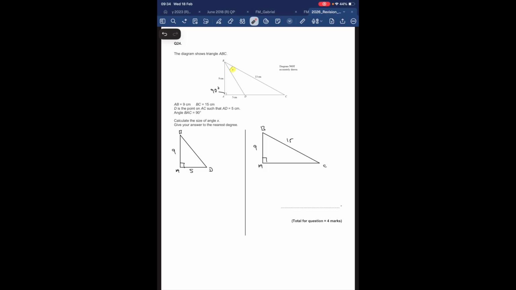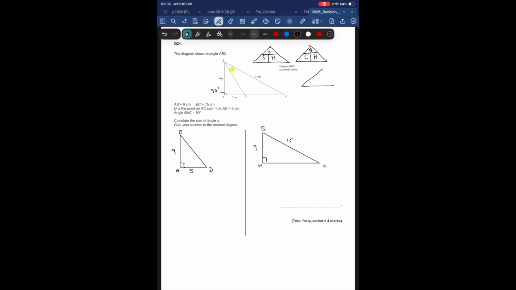Now before I do anything, I'm going to redraw the formula triangles for SOHCAHTOA at the top. So we have the formula triangle for sine, which is SOH. We've got the formula triangle for cos, which is CAH. And we've got the formula triangle for tan, which is going to be TOA.